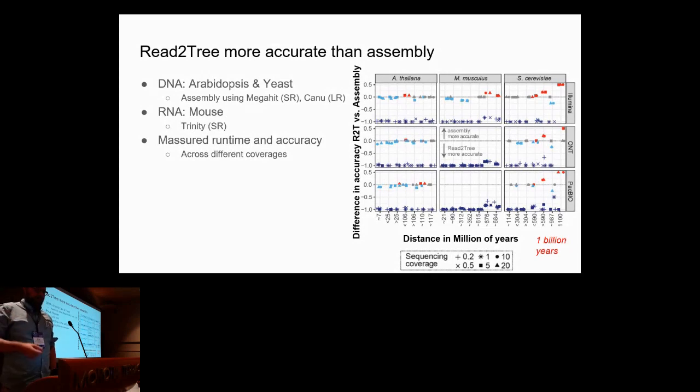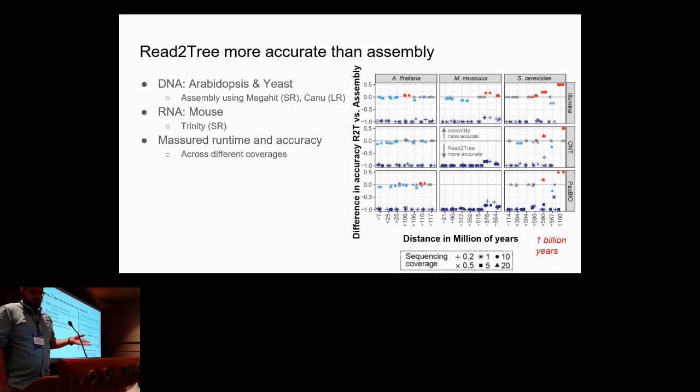And of course, we measured the runtime and the accuracy. How you read this plot is: on the y-axis, you see the difference in accuracy between Read2Tree and the assembly, annotation, and correction approach. And on the x-axis, this time we plot the distance in millions of years, when we do the same thing with these data sets as in the before plots. The line indicated 0.0 distinguishes whether the assembly is better, which is above the line, or where Read2Tree performs better.